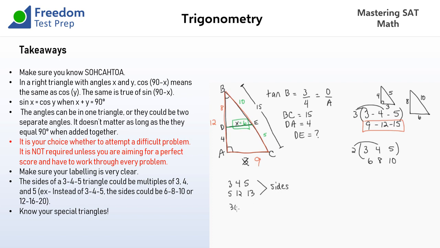Then there's 30, 60, 90, and 45, 45, 90. And those are concerned with the angles and the sides. Here we don't even care about what the angles are. Okay, so make sure you understand what these are, how to work with them, and that's it.